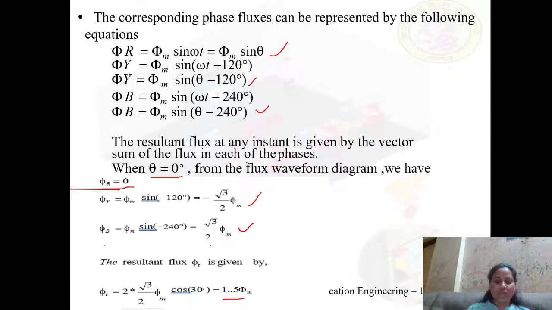We can draw the vector diagram of these three fluxes. The resultant flux is produced with phi y and phi b. Phi y is minus root 3 by 2 phi maximum, that is, it is negative. Phi b is positive.